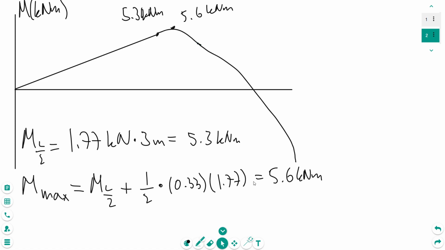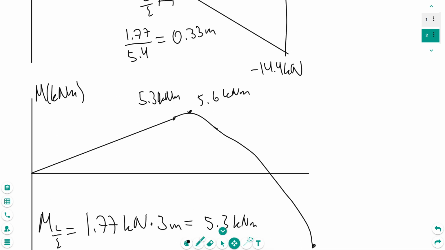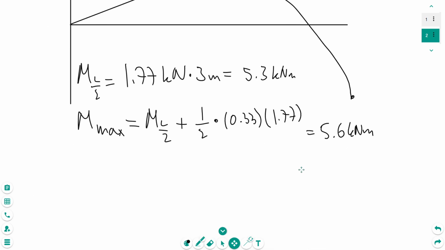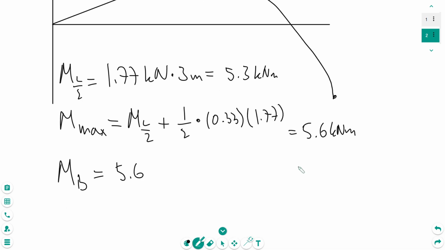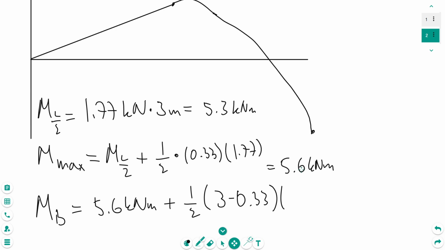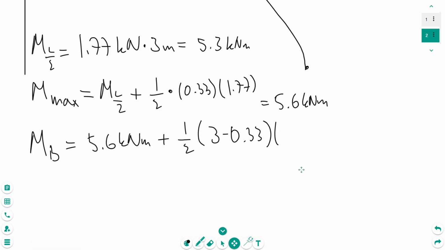Of course, at this point you have a value of, well, the contribution of this triangle, which is then equal to M at B, and it will be 5.6 kilonewton meters plus 1/2 times 3 minus 0.33 times 5.4, or 14.4, negative.